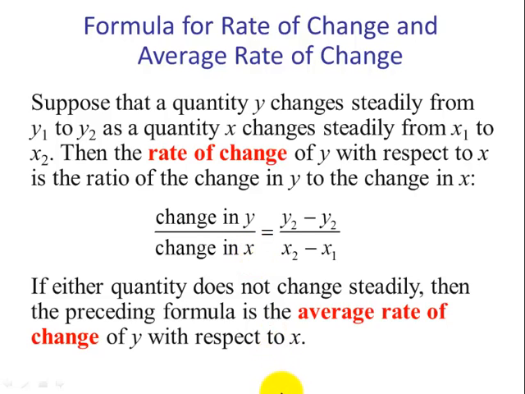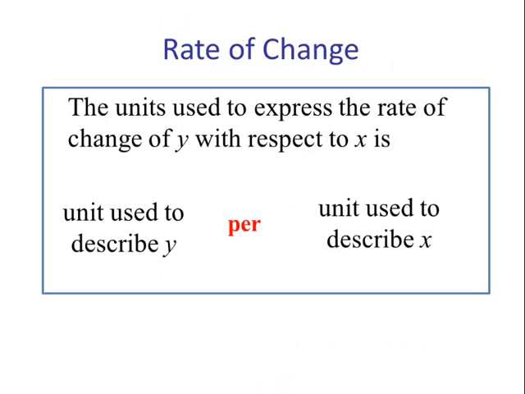If neither quantity changes steadily, then the preceding formula is the average rate of change of y with respect to x. The units used to describe y per units used to describe x. Per means to divide, so this is just like our slope formula.